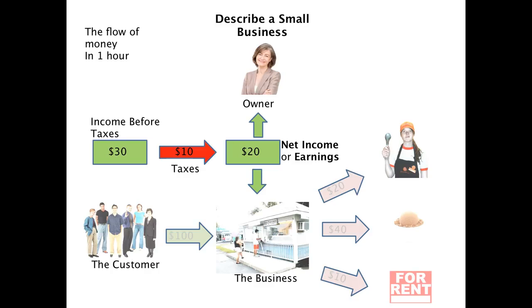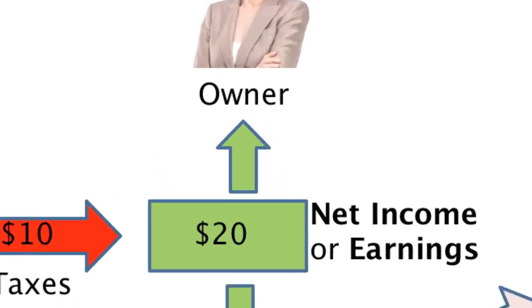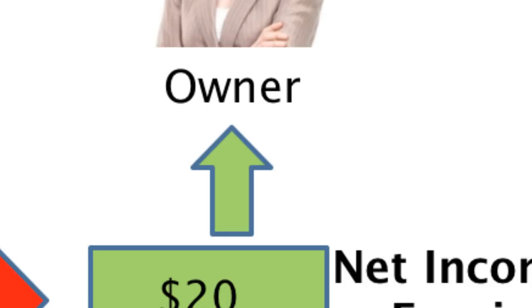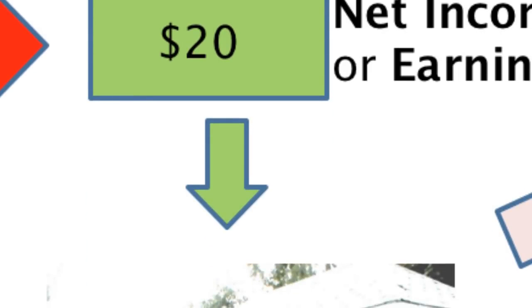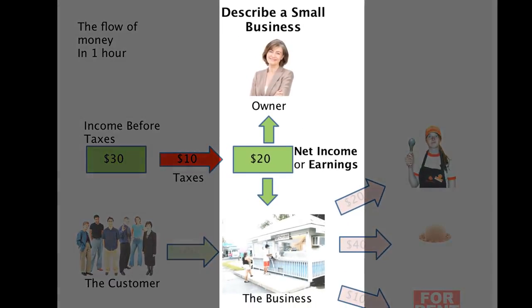Okay. So the $20 is what's left at the end. That's your net income, your earnings, and the owner now has the choice to do what they want with that $20. So Nancy, in this situation, you can see I have 2 arrows there, one pointing towards Nancy and one pointing towards her business. She can take that $20 that she earned in that 1 hour and pay herself, or she can put the money back into the business so that the business can make more than $100 in an hour.